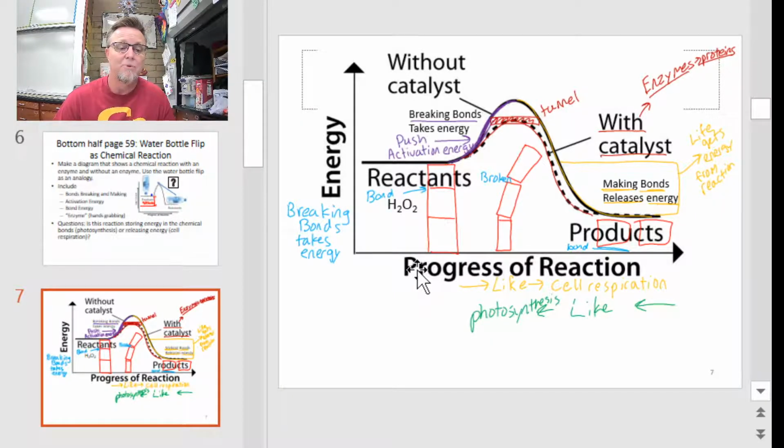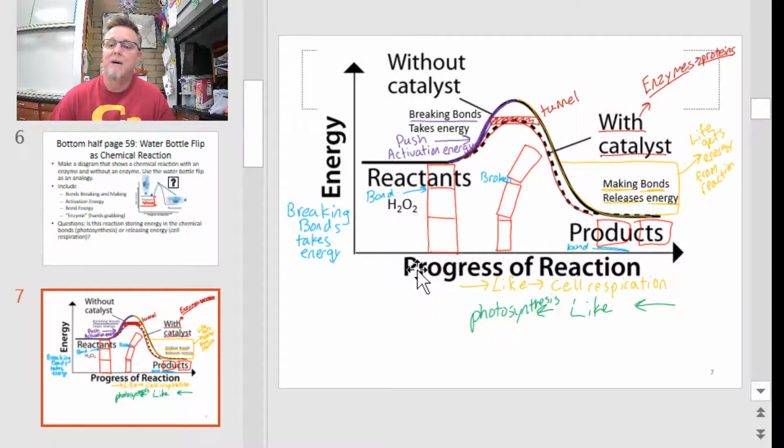Then I have to grab it or push it or flip it in the air. That involves me adding energy to it using my hand as an enzyme. And ideally, if I did my bottle flip correctly, it should land on its cap and stand straight up, which would also mean that it is once again stable.